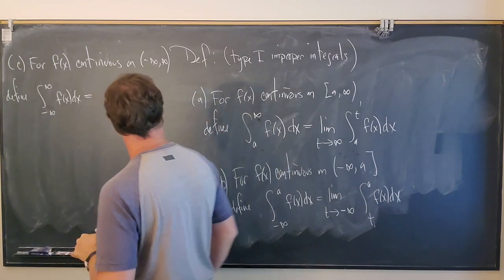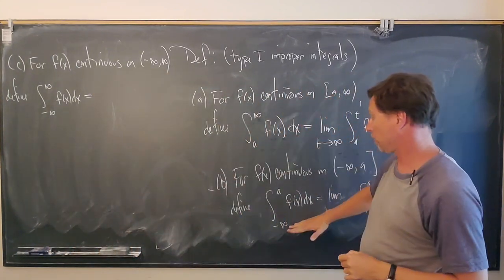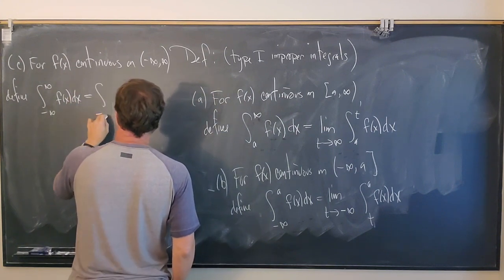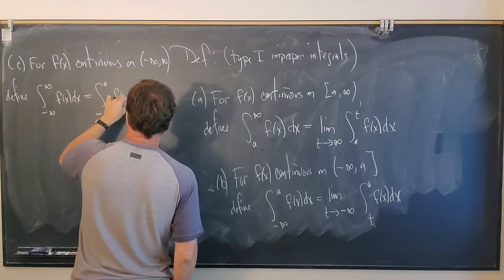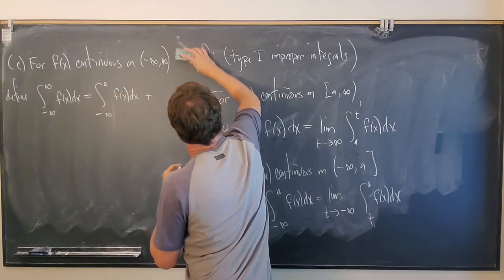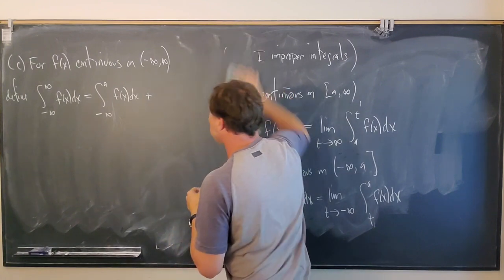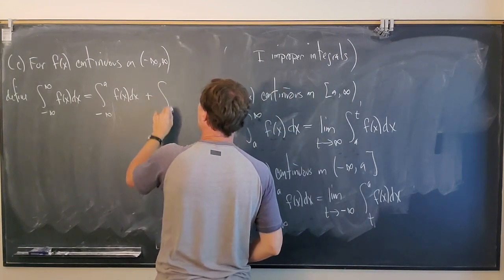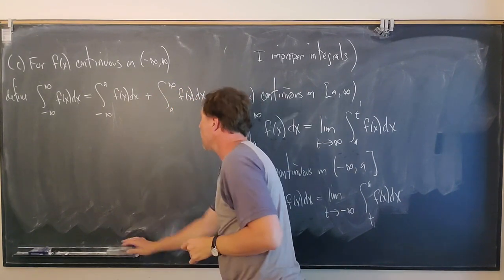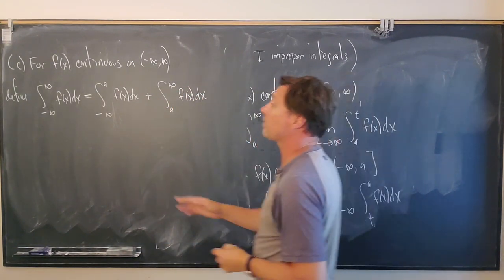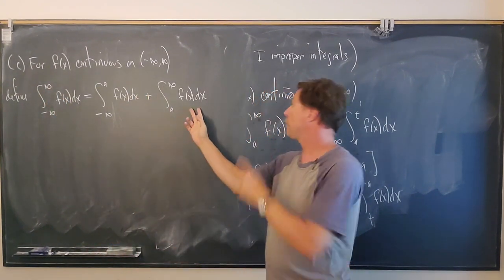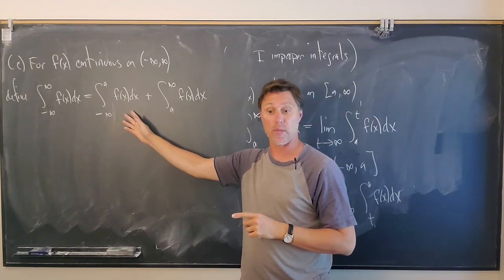What we're going to do is write it as one of these plus one of these. So it will be the integral from minus infinity to a of f of x dx plus the integral from a to infinity of f of x dx. So what we do when we have minus infinity to positive infinity, we rewrite it as an integral from part B plus an integral from part A.